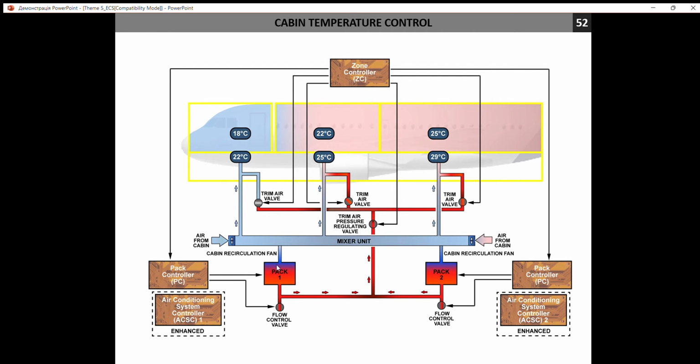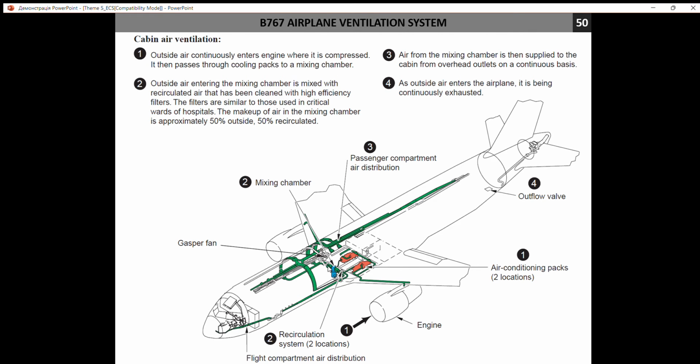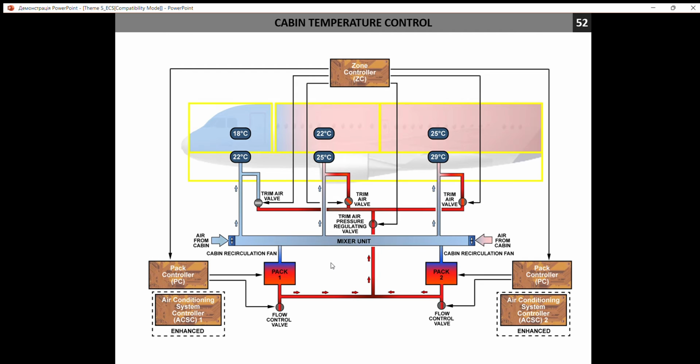So after the air conditioning pack, the cold air is going to the mixer unit. You may see this mixer unit in our diagram here, or mixing chamber. So from different air conditioning packs, the air is going to this mixer unit.